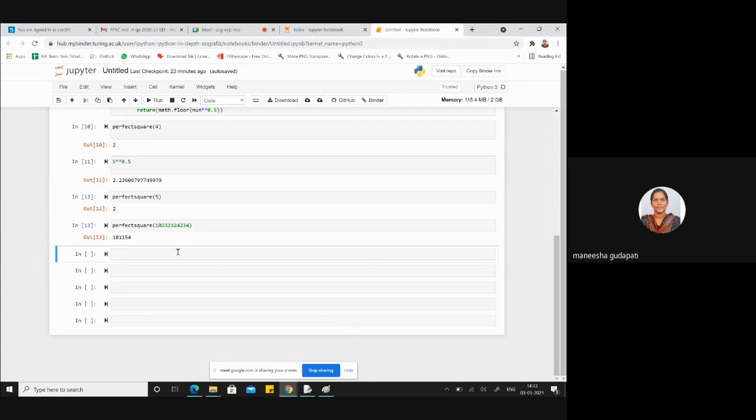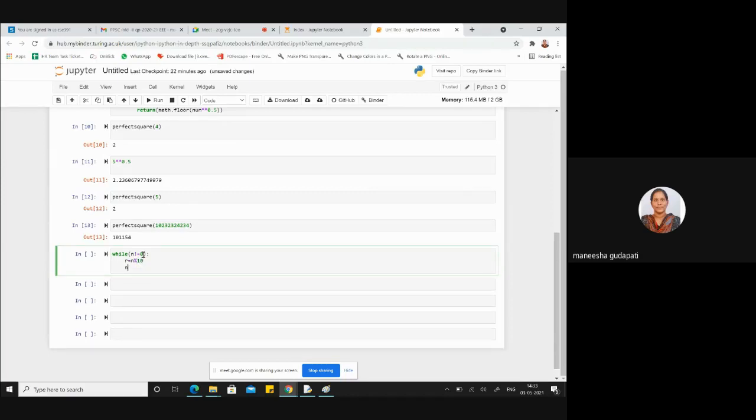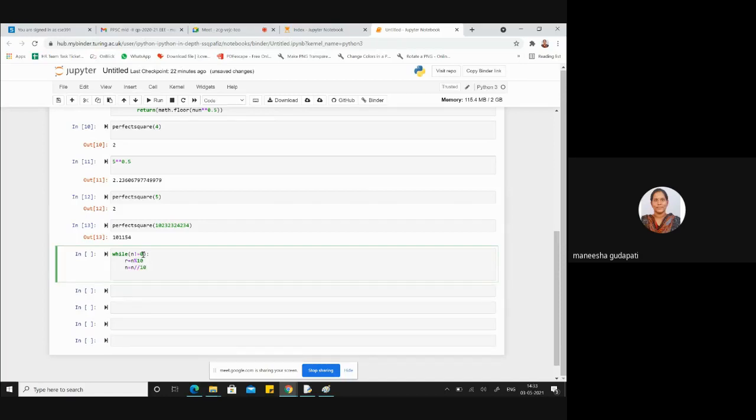Like while n not equal to 0, remainder equal to n modulus 10, n equal to n floor division 10, and the same way you need to update this value like n1 equal to n1 into 10 plus r.